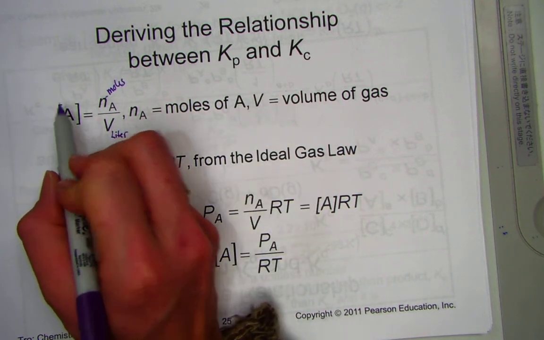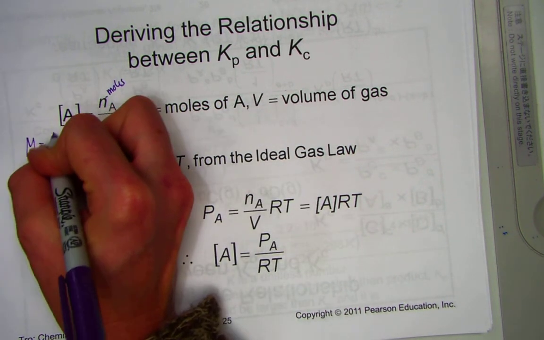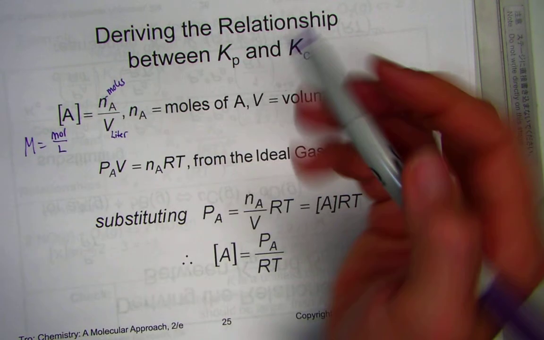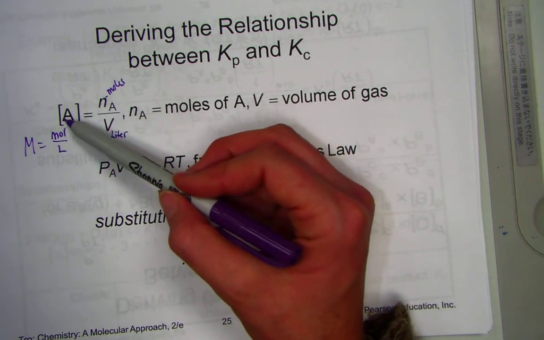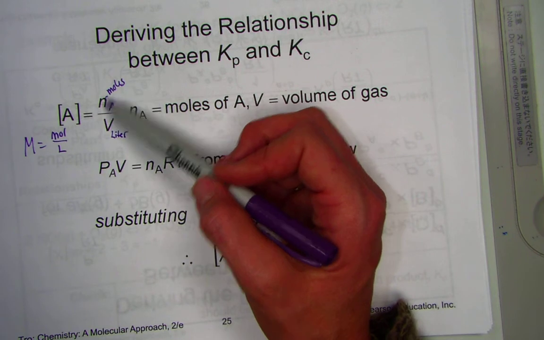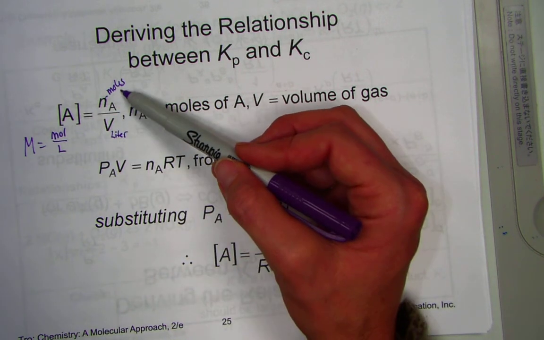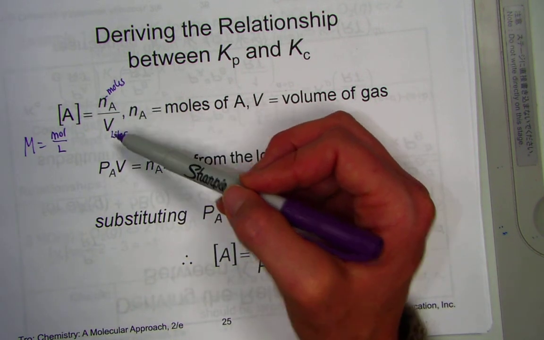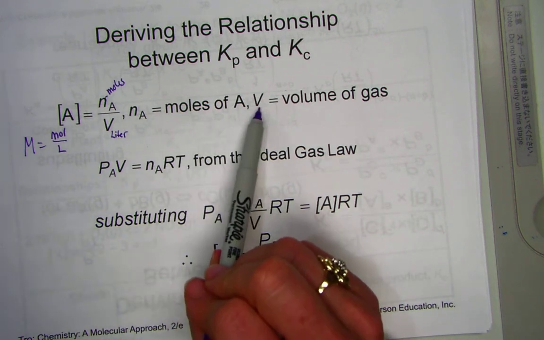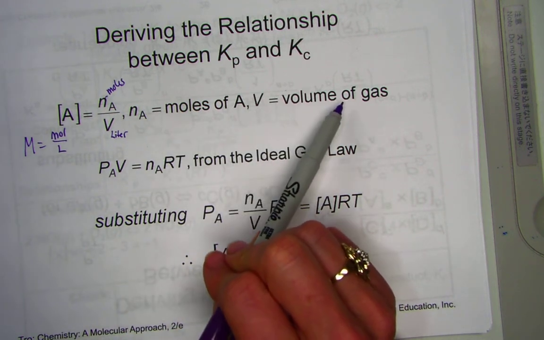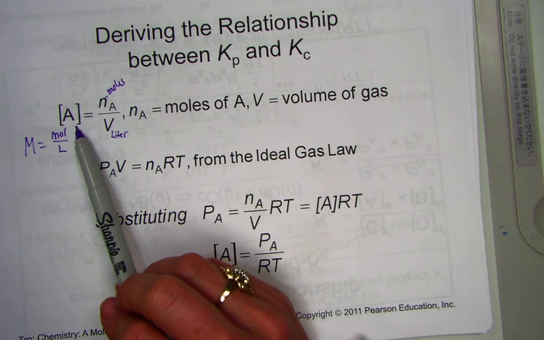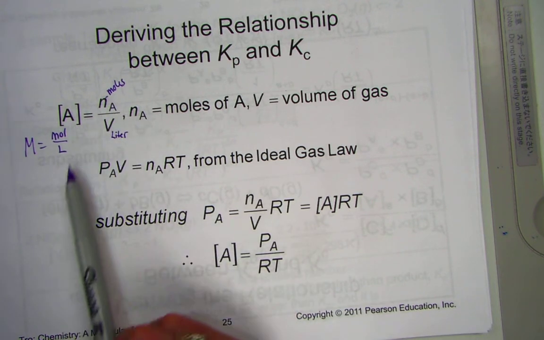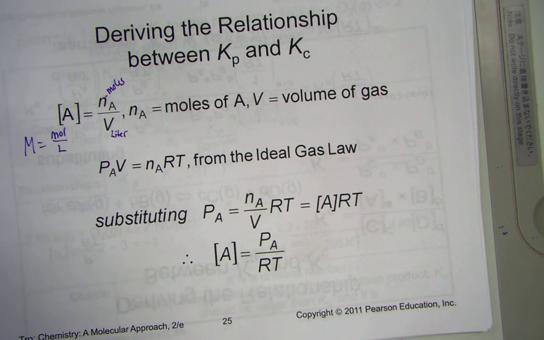That's literally the definition of big M. Molarity is moles per liter. So the concentration unit that this bracket represents is molarity, expressed as moles of solute A per liter. V represents volume of a gas. A represents a concentration unit, and clearly I can see the number of moles being pulled out from that.